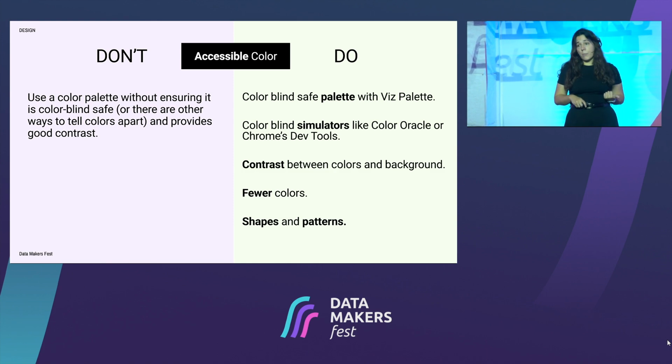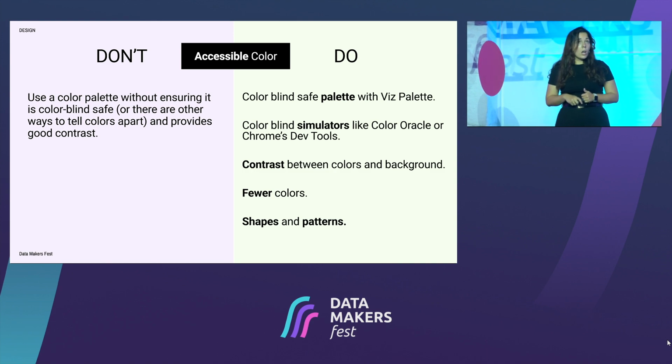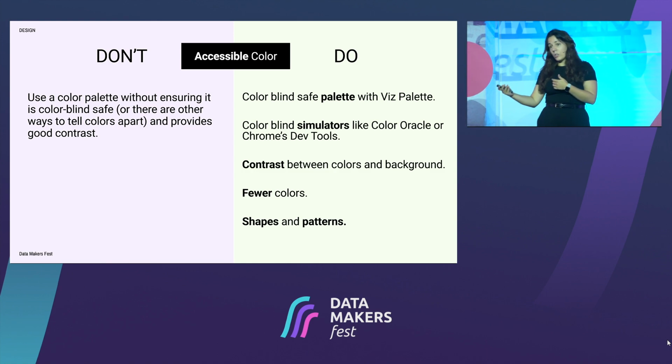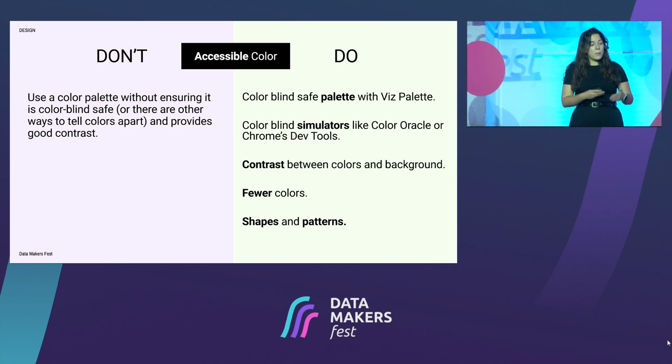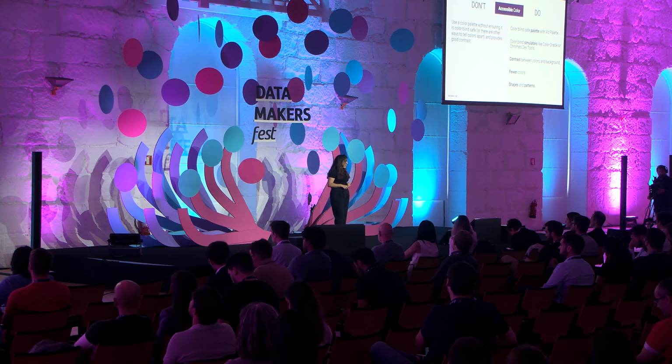If we think about the example we saw in the beginning, Publico's chart, it would be difficult to create an all-new palette because we tend to match the parties with specific colors. So maybe an approach with different shapes and patterns would be a good idea.